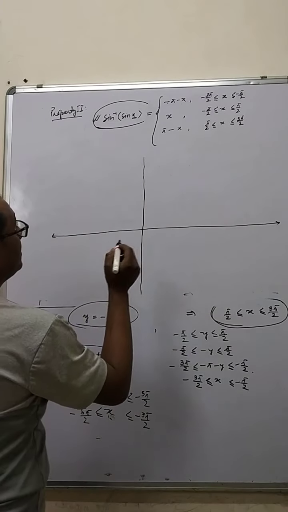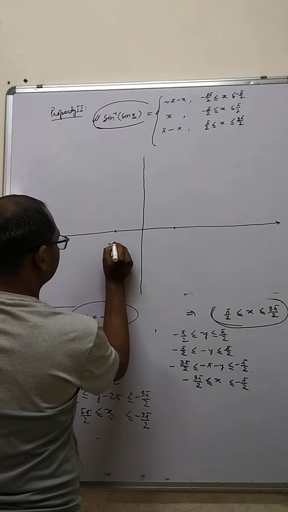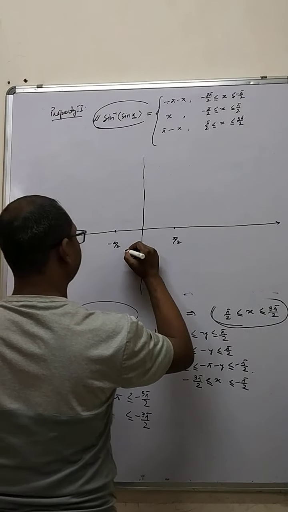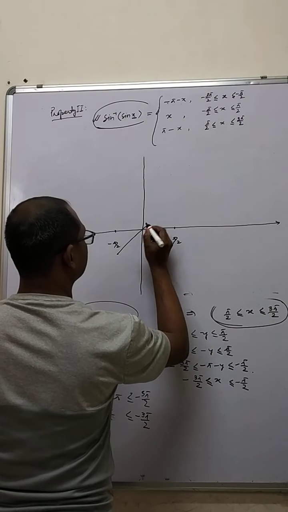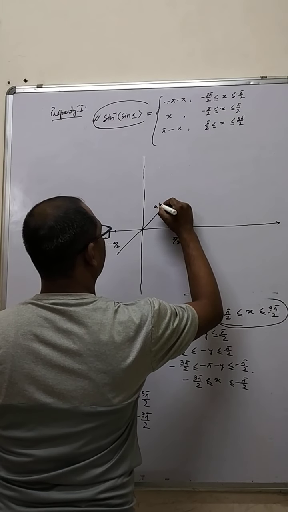Again, from minus pi by 2 to pi by 2, the graph is y equal to x.